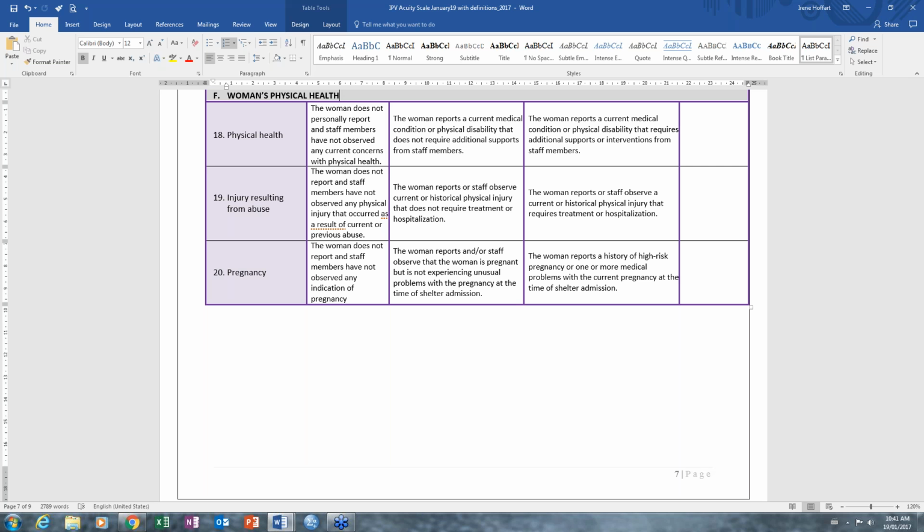Yes. Well, but so the injury resulting from abuse, she's coming into the shelter with an injury. Right. If the child has some physical issues because of that injury, then yes, we definitely want to know that. And that's in the section that speaks to the children and their health.